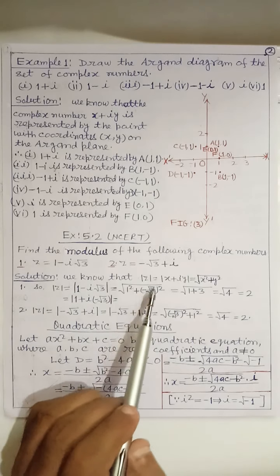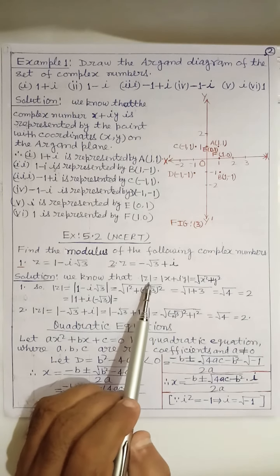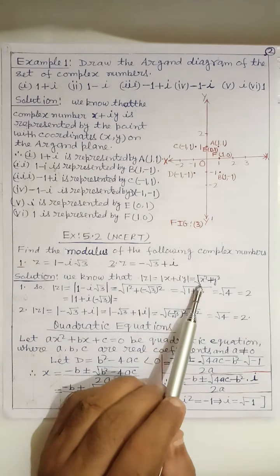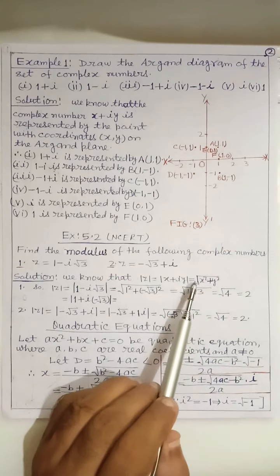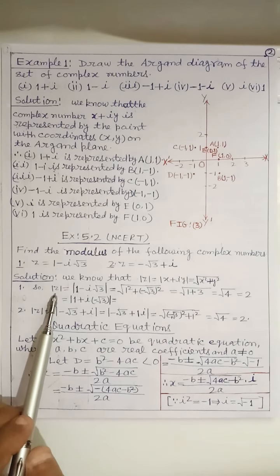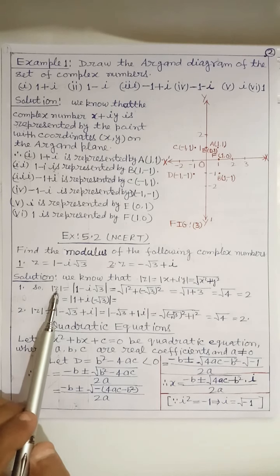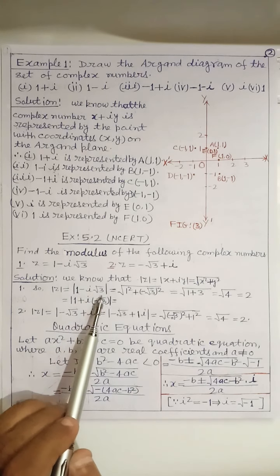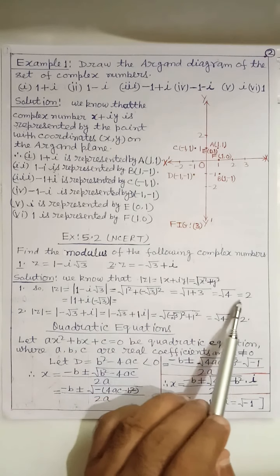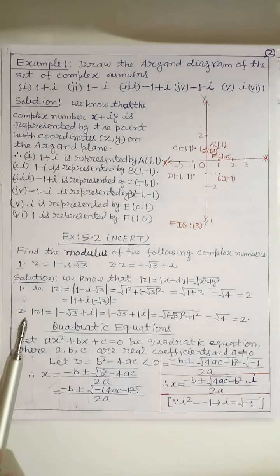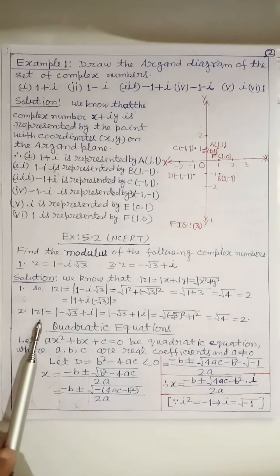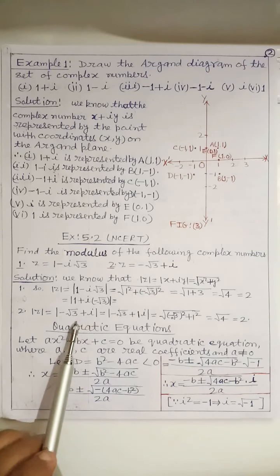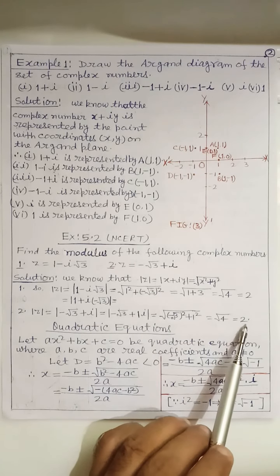Dear students, already we know that modulus of z equal to modulus of x plus iy, and this is equal to square root of x square plus y square. Using this result, we can find modulus of z equal to modulus of 1 minus i root 3, and this is equal to here 2. Similarly, we can find modulus of z equal to modulus of minus root 3 plus i, and this is equal to also 2.